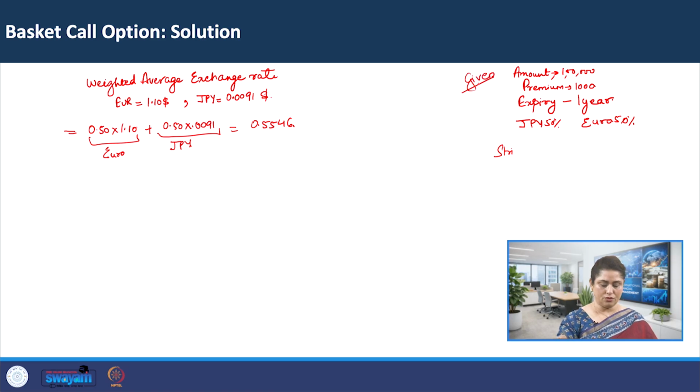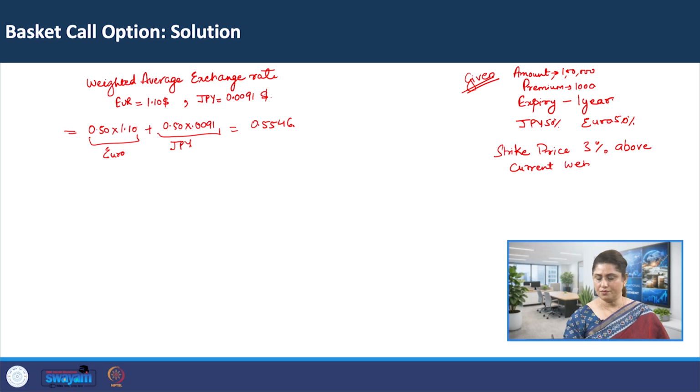Now, the given thing to us is that the strike price is going to be 3% above the current weighted average rate.